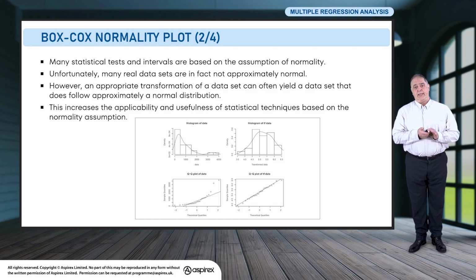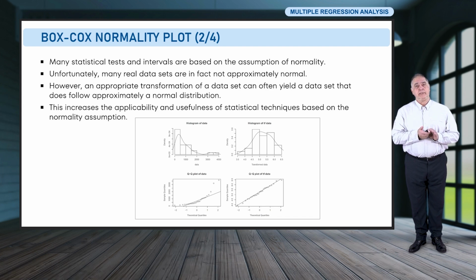However, an appropriate transformation of a data set can often yield a data set that does follow approximately the normal distribution. This increases the applicability and usefulness of statistical techniques based on the normality assumption.